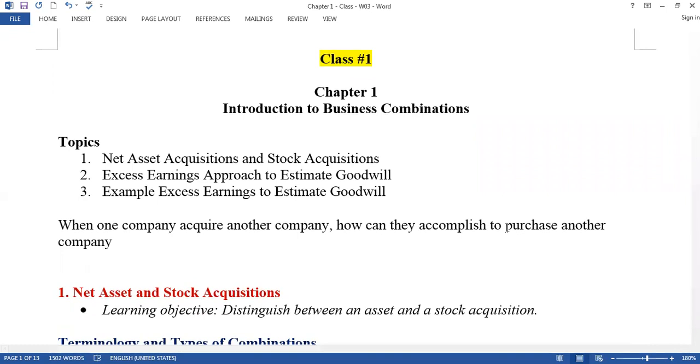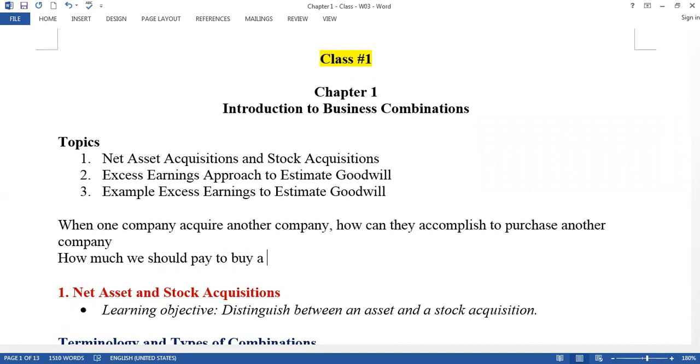Then we'll also talk about how much we should pay to buy another company.